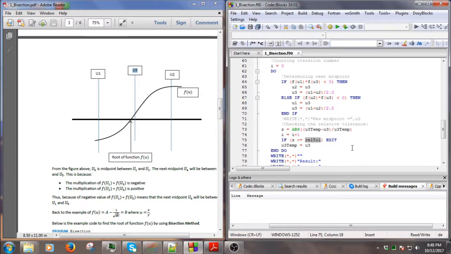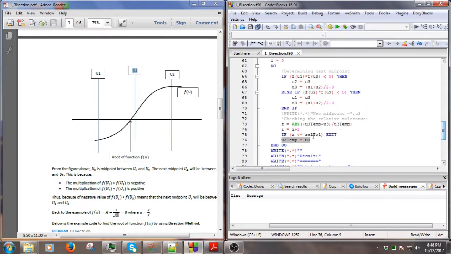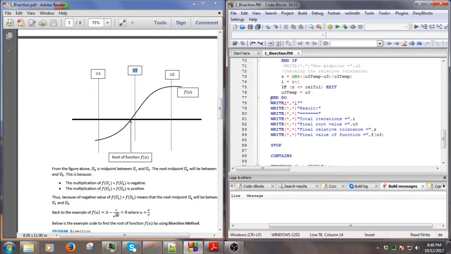We can exit the calculation and store the result here. The u3 temporary equals to u3. And then by doing so, if the exit command is executed, we exit the do loop here and we go to the next part of the code here, writing the result.